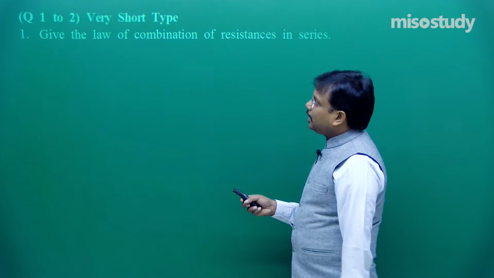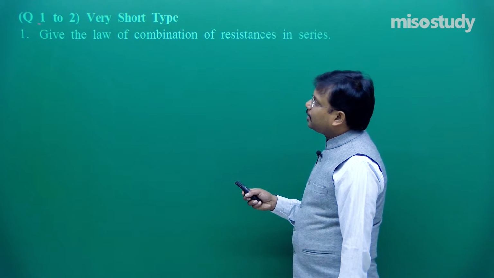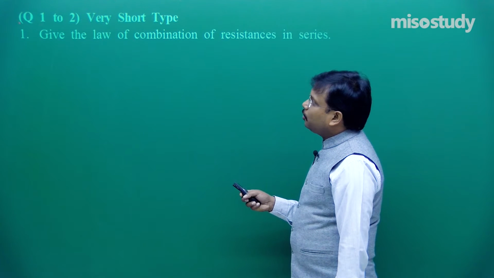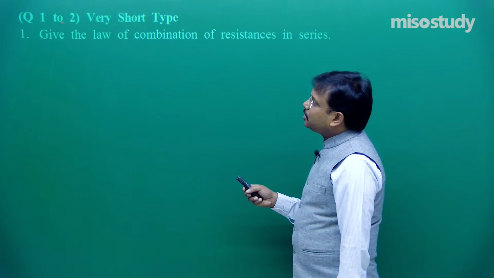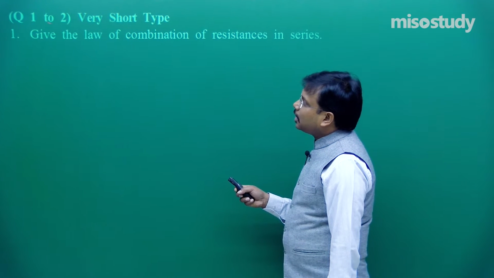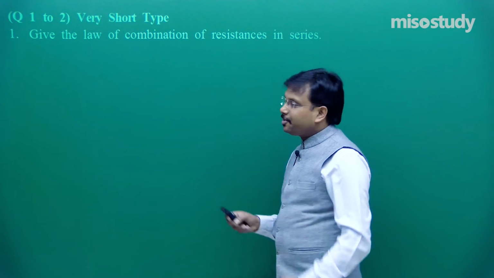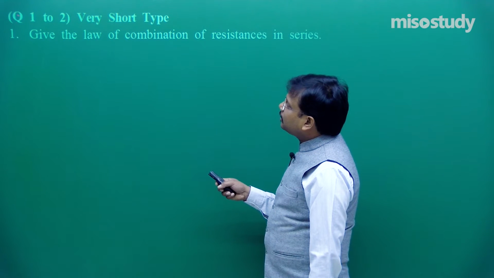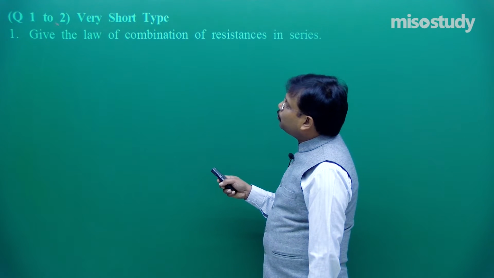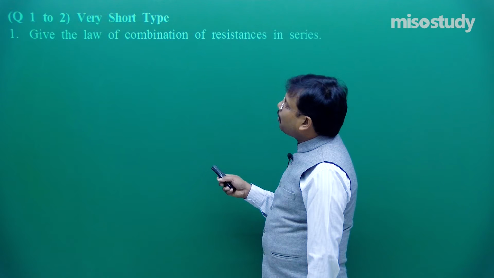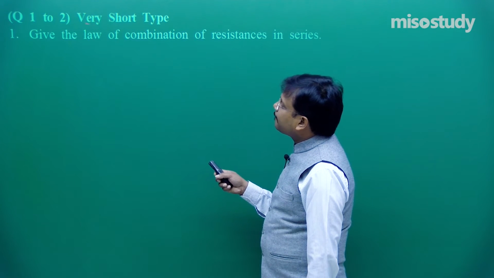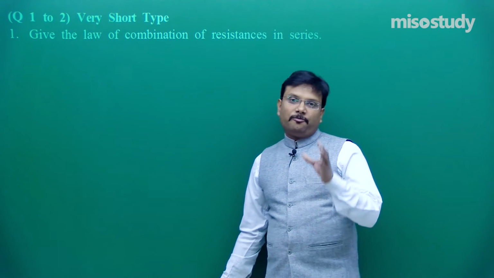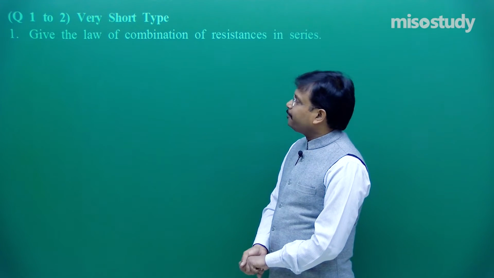Now, the very first thing that you should try to read, I hope this red color dot is visible. Fine, this is a laser light. So, here most important is this instruction. What is the instruction saying? Instruction is saying that question 1 to 2 are very short answer type questions. Clear? Now, what is the point of mentioning this? Point is simple.